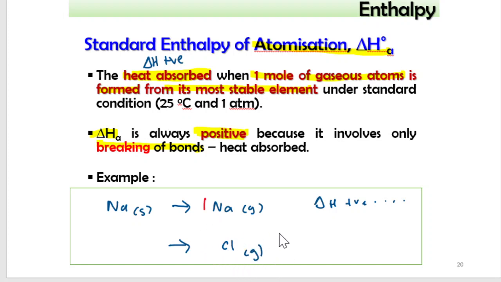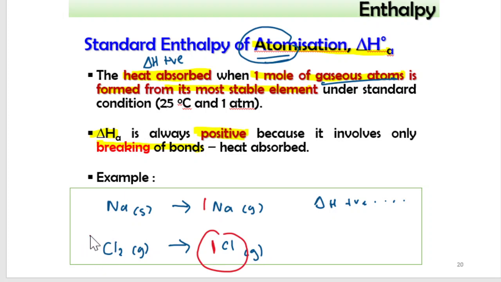Okay, so for example if we want to form chlorine gas. Since it is an atom, it must be in the state of chlorine atom gas, 1 mole of your gaseous atom. So here it must be 1 mole. And then here, the stable state of chlorine usually exists as Cl2, and usually as a gas. So how do we balance the equation here? We cannot change this part, because from the definition, it must be 1 mole of your gaseous atom. So here it will be 1/2. Your delta H here will be positive, because it involves breaking bonds. That is why delta H is always positive.